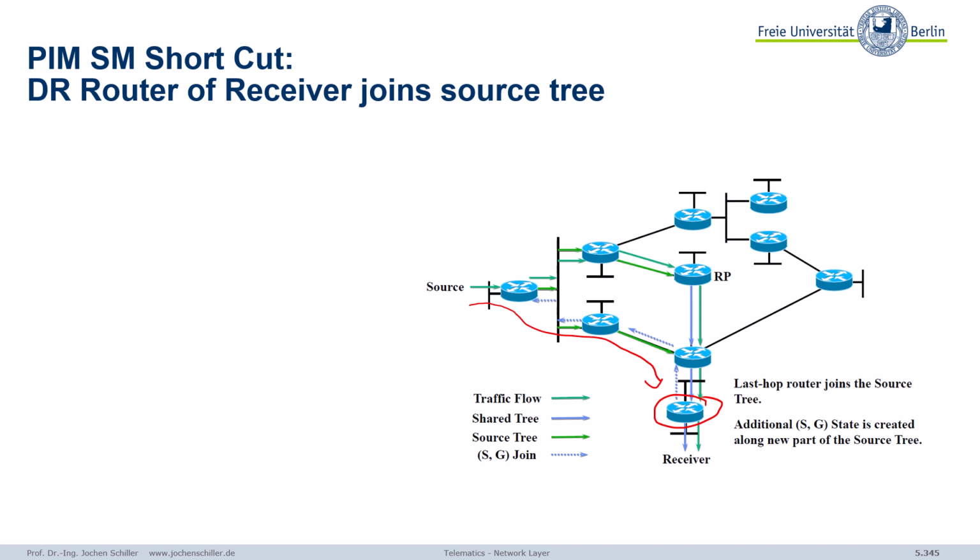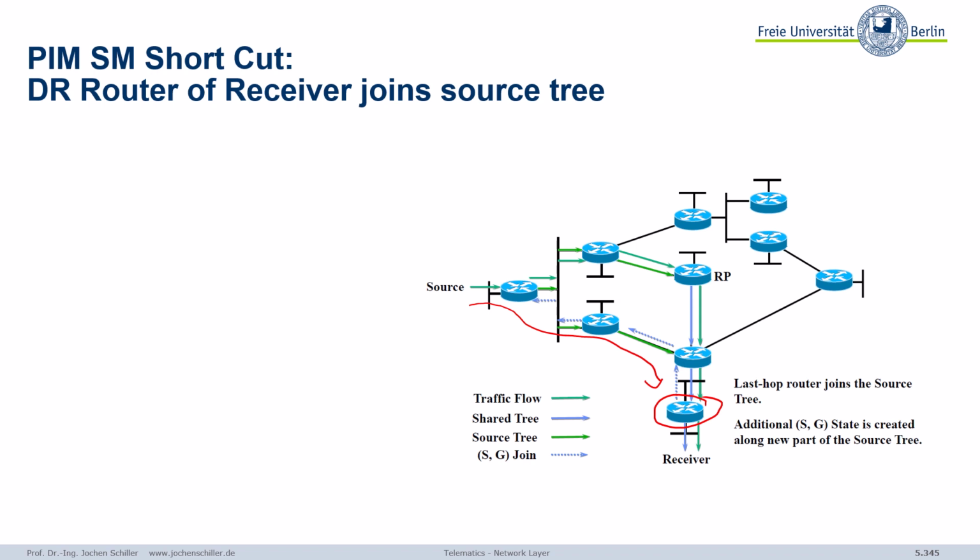In contrast to the shortest path tree with the rendezvous point, this shortcut is a mechanism that allows multicast traffic to bypass the rendezvous point and be forwarded directly from the source to receivers via the last hop router. So you see, mechanisms like this can improve efficiency of the multicast traffic and reduce the load on the rendezvous point.